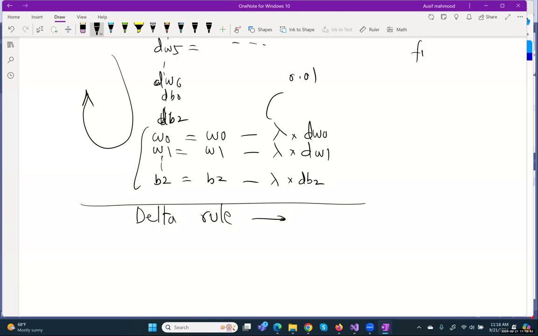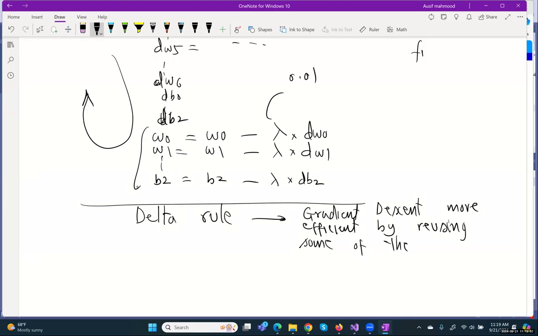Okay, so we will make our gradient descent more efficient by reusing some of the calculations. Okay, and the concept is very easy.